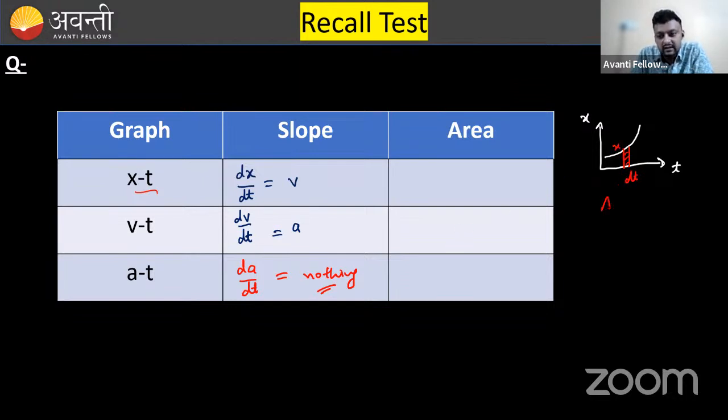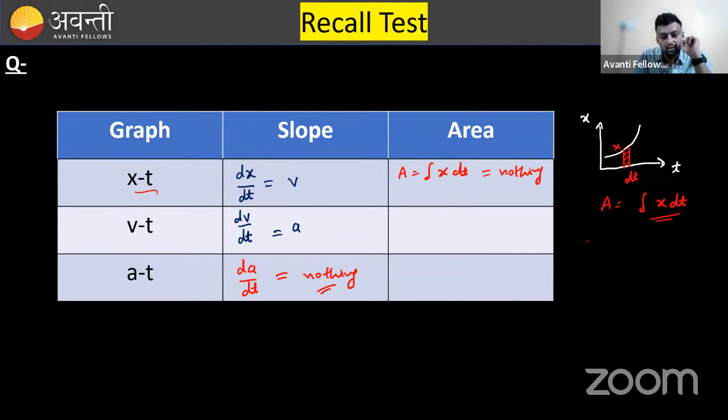So what is area? Area is the integral of x dt. And this integral x dt gives us nothing. So area under the xt curve is not important to us. But you should remember that area is written as x dt.